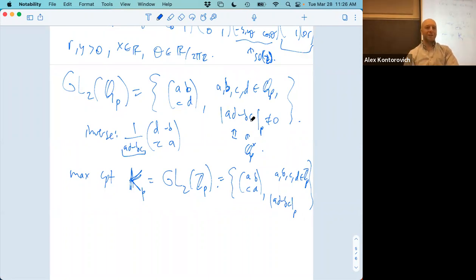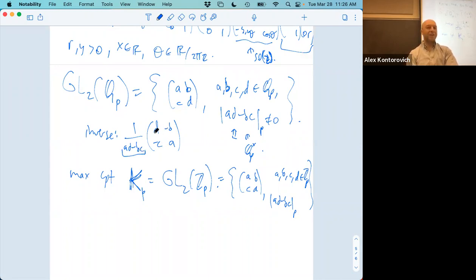If the determinant is non-zero, and I take my nice ZP valued matrices and divide them by the determinant, do I still get things that are in ZP? Not necessarily. I might get out of ZP.